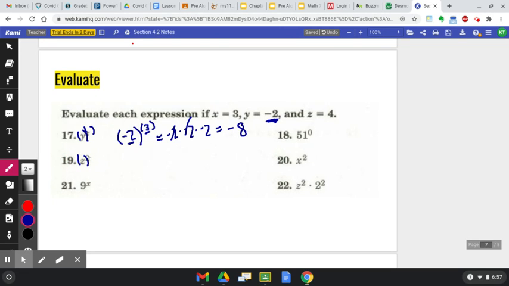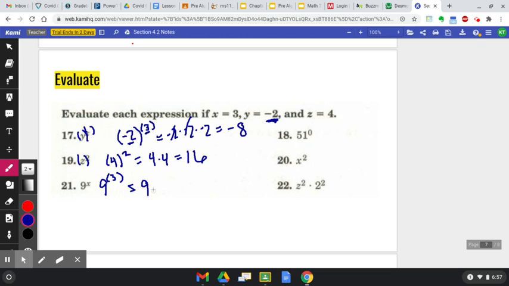Number 19. So I see z squared, so I know my answer is going to be positive no matter what. But I'm going to take this 4 and insert it into the z. 4 squared, which is really 4 times 4, should be 16. 9 raised to the power of x, which is 3.